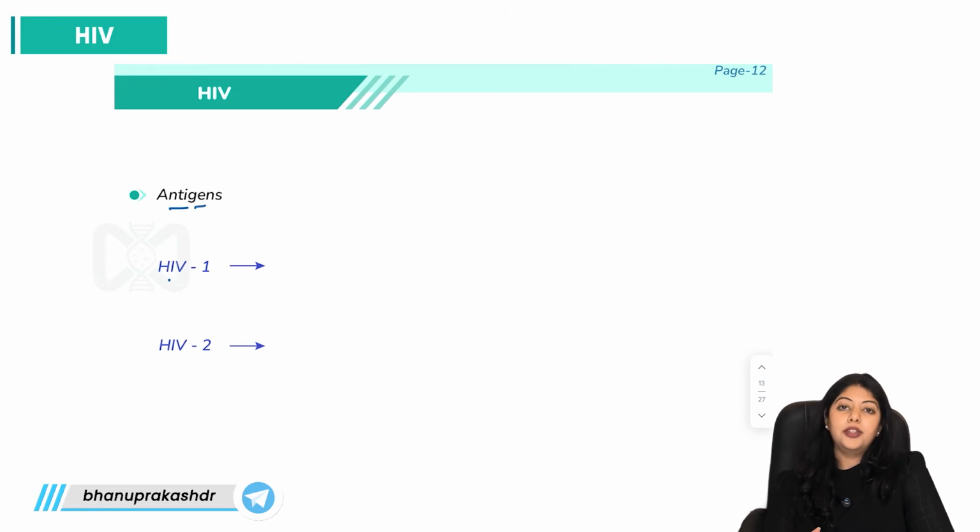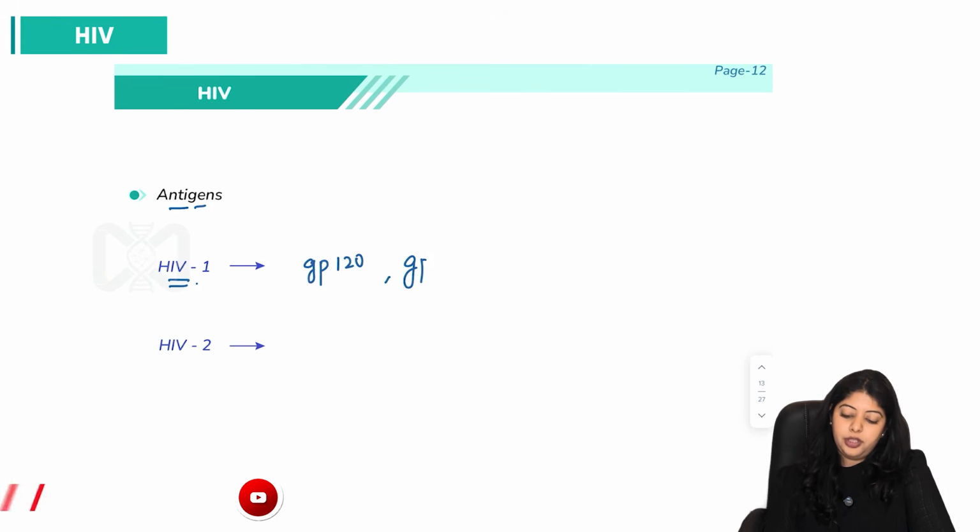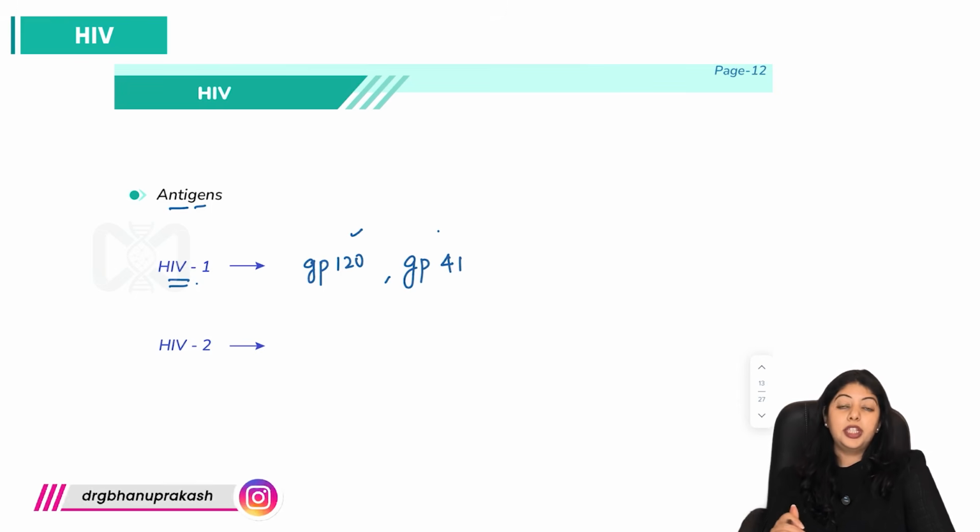And what are those antigens? These are the structural genes and the numbers which we discussed in the previous section, right? So for HIV-1, the antigens which are to be detected are GP120, GP41. This is the main structural gene GAG.